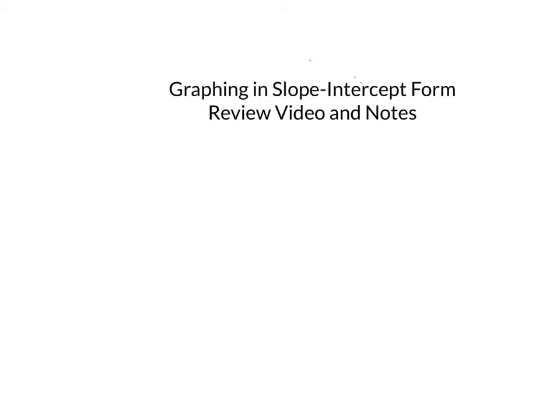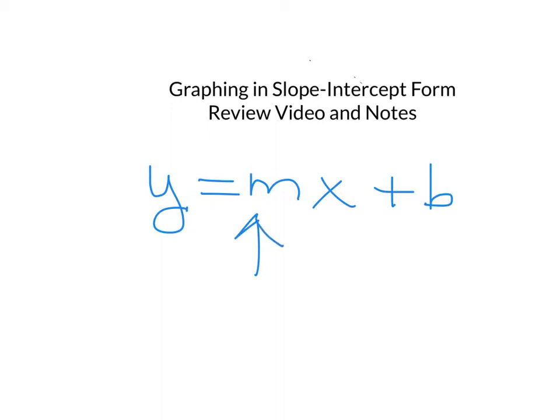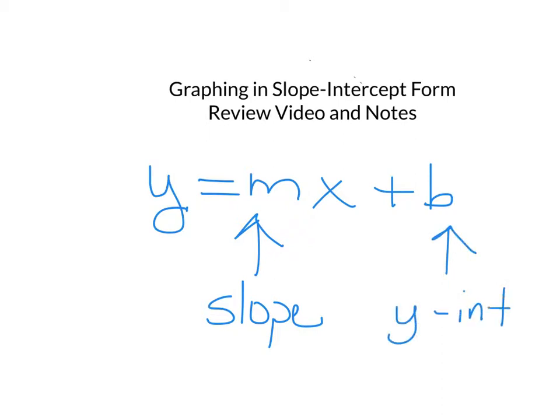So slope-intercept form is this: y equals mx plus b. And hopefully you remember m stands for slope and b stands for y-intercept, which means where does the line cross the y-axis?